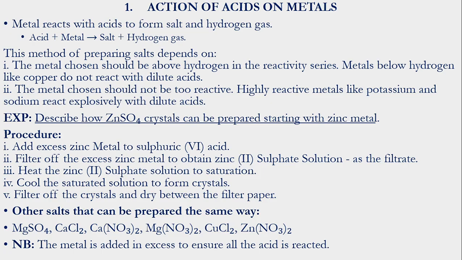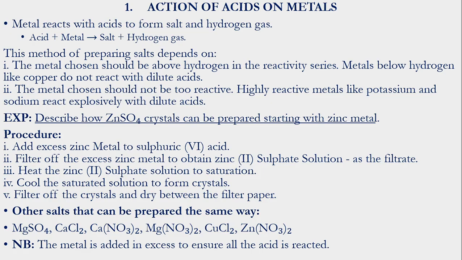Note, when we are heating the zinc sulfate solution, we do not heat it directly, but we use a water bath. Then we cool the saturated solution to form crystals.